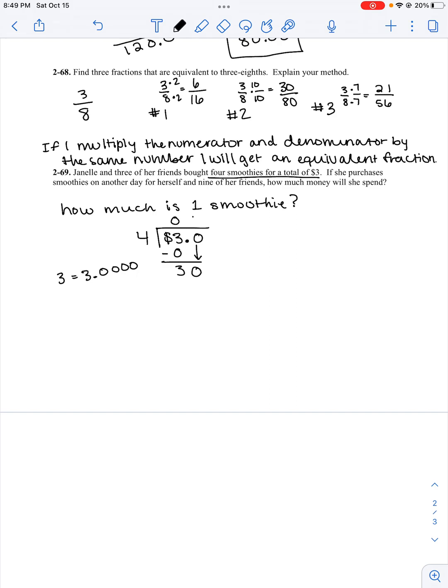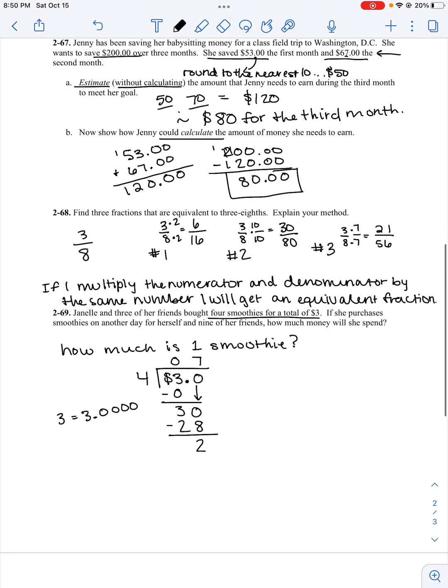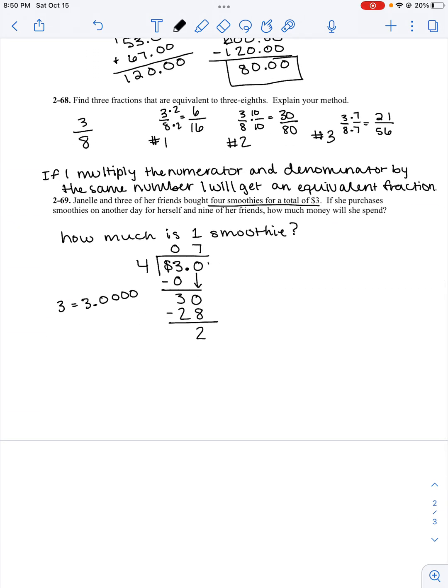So I'm going to bring my 0 down. 4 goes into 30 7 times. So 30 minus 4 times 7, so minus 28. 30 minus 28 is 2. I don't want a remainder, so I'm going to add another 0 here. Because again, I don't change my number.